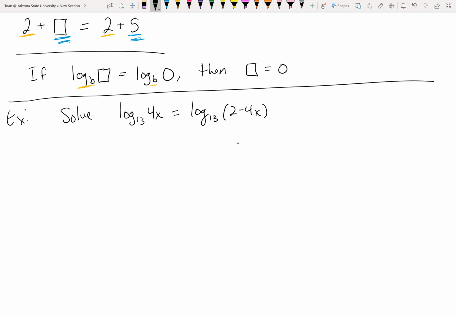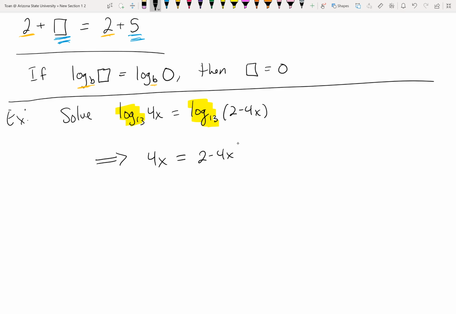On the left-hand side I have log base 13, on the right-hand side I have log base 13, then this implies, so notice it's not an equal sign, it's an implication sign. So I'm not doing a math step. I'm not dividing both sides by log. That doesn't make sense. I'm not balancing an equation. I am making a logical implication by saying that then the argument 4x must equal 2 minus 4x.